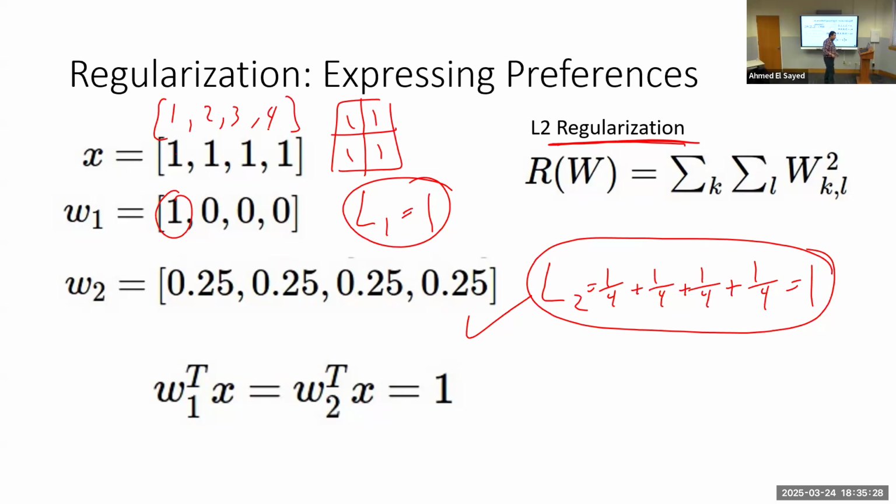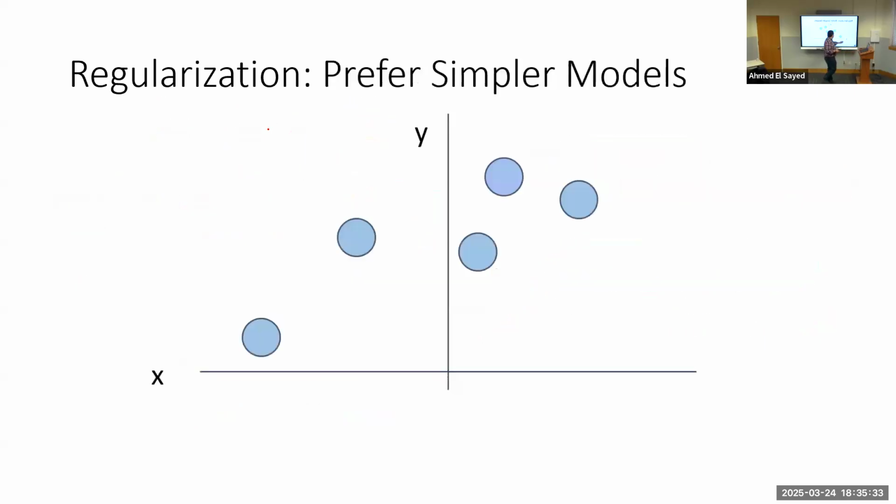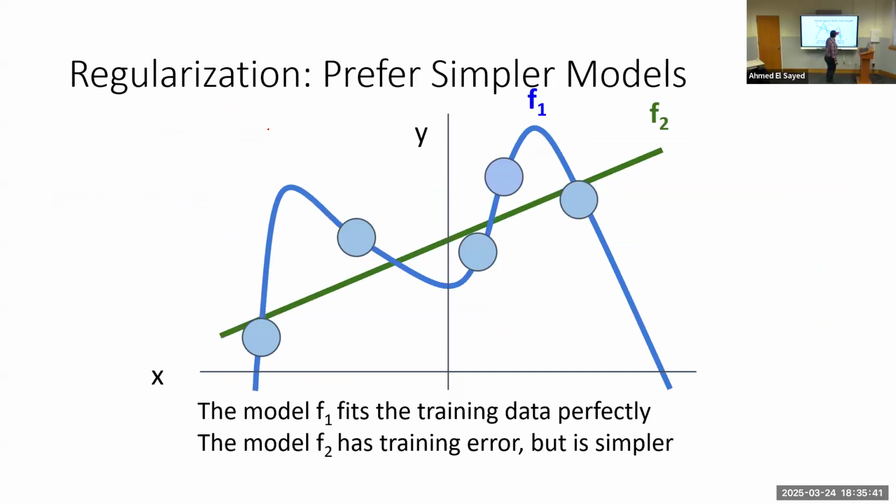So this one will overfit, or will push the data toward one class against the other, which is not something we want. If you want to visualize this, if you have those points and you want to draw a curve that fits them, overfitting will generate a line that passes over all of them. But those are the training data. If new data comes, which is the testing, you can find that the testing data are here.